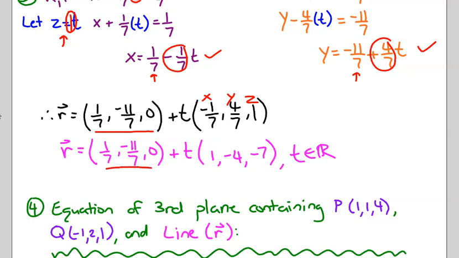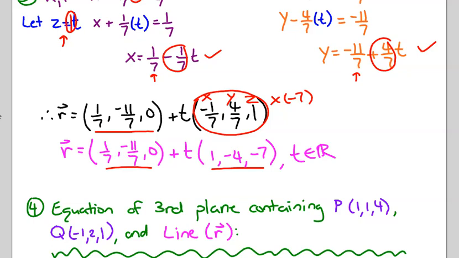Don't reduce the point, you're not allowed, but you can maybe multiply all of this to get rid of the fractions. Maybe I would multiply by a negative common denominator of 7, and that will get rid of the negative at the very front and also all the fractions. Okay, so you get a nice direction vector, and this is our line, our vector equation of a line where we have an infinite number of intersections between these two planes.